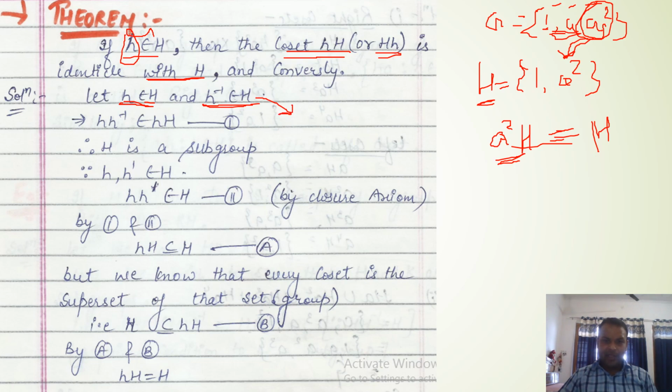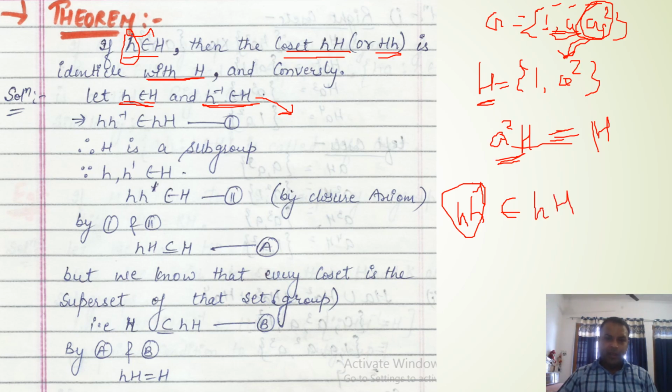Here we have h inverse belonging to H. Now I am multiplying both sides by h, because h inverse is an element, and I am operating h on it. This composition will create a new element, and according to the closure property, it will also belong to the given coset, and here the coset will be equal to hH.